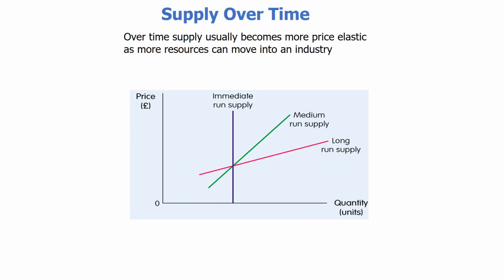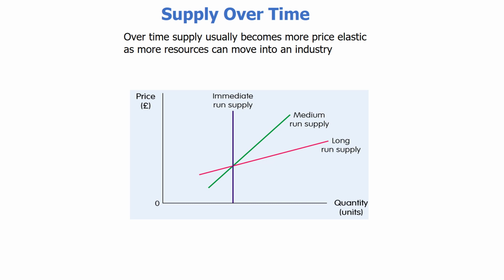Okay, just to wrap things up, put it in context, give you an example. Over time, supply usually becomes more price elastic as more resources can move into an industry. So think about it. If you're the first supplier to get into the industry, the first person to produce the product, the first entrepreneur, you might not be able to affect your output.